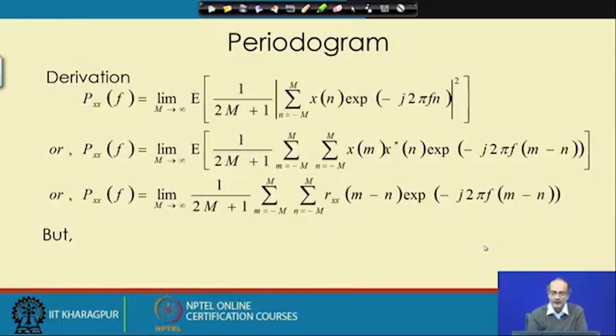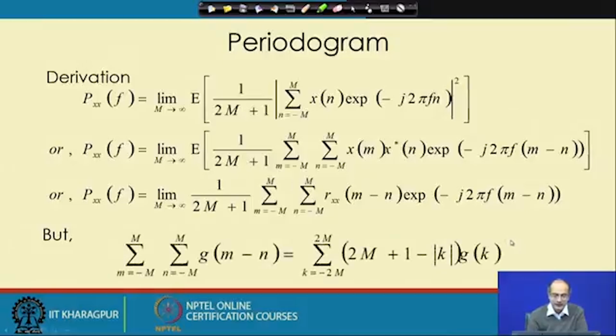So, we try to do something about it, and here we notice something, that if we take a double summation of a function g of m minus n of this form, then it can be expressed in terms of a single summation of almost double the lags.